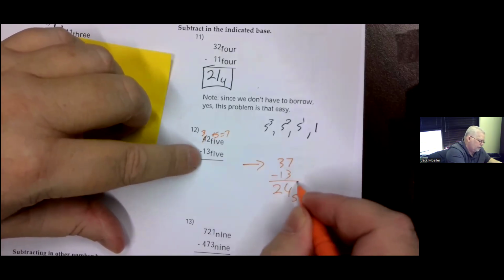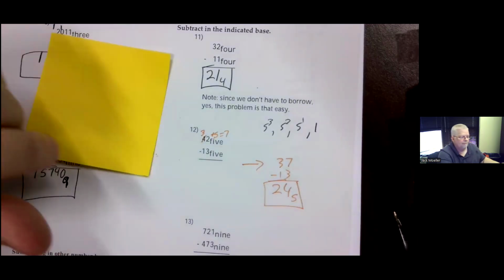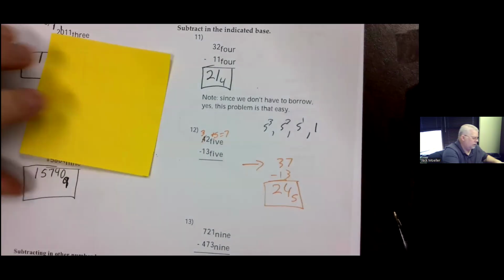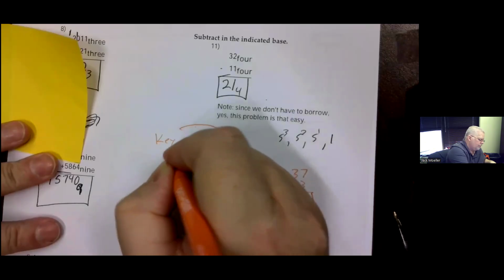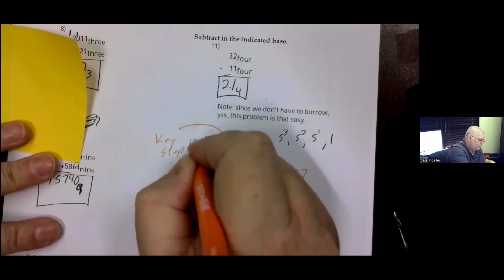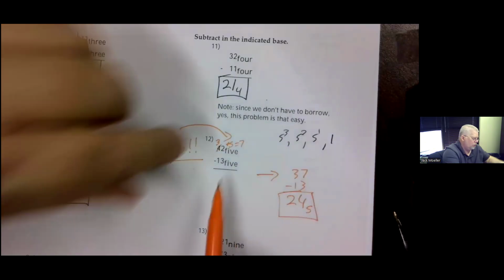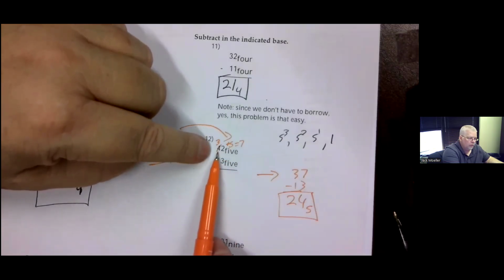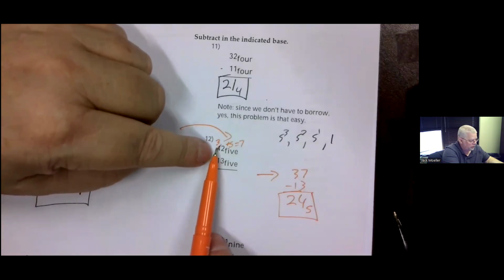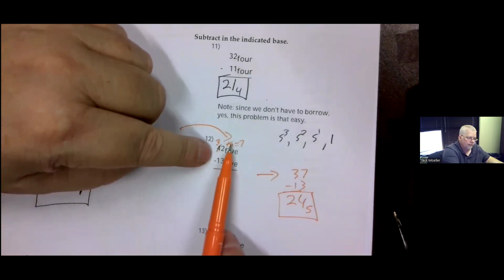Base 5. So there's our answer. So this right here is the key step. When you borrow, add whatever the base is. Don't add 10, add the base. We are still borrowing 1, so you're still going to subtract 1 from that number, just like you have since elementary. It's just this part that is different.